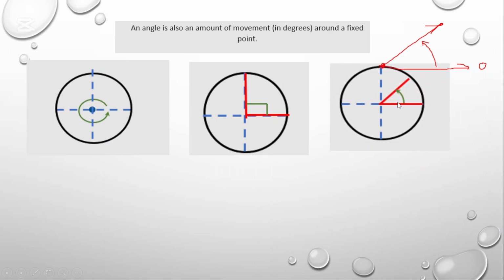You can see the movement here, from here to there, but it did not go past 90 degrees. So in this case, this angle is more than naught, but less than 90. It did not move past the 90-degree line there.